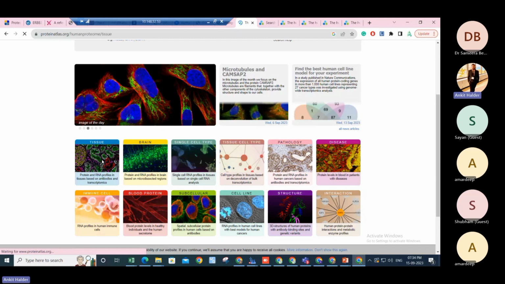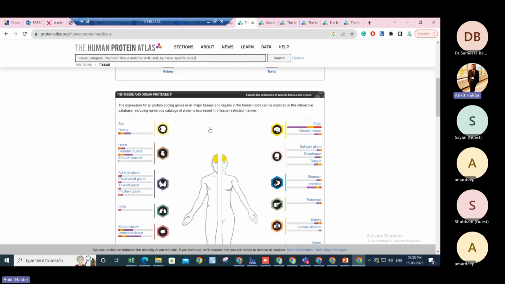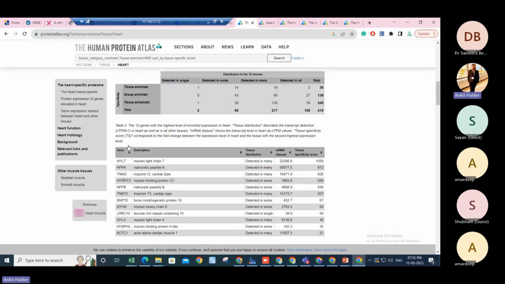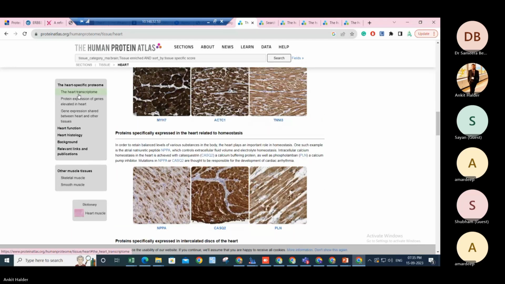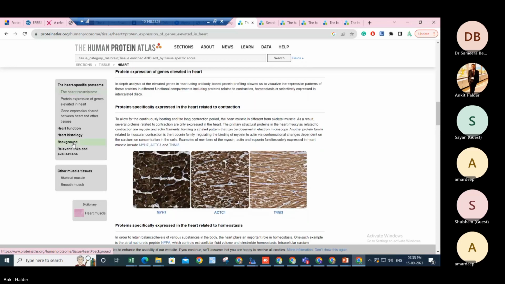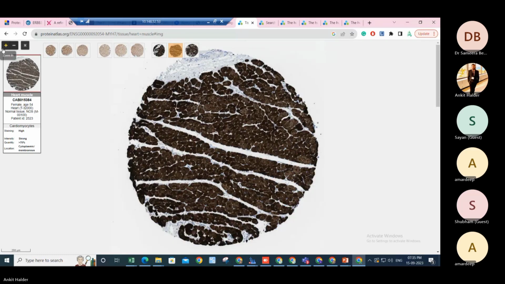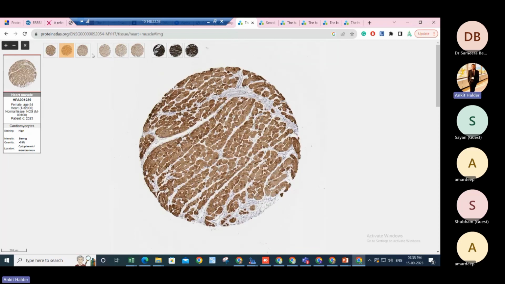If we go for the tissues only, once again, if we go for the heart, you can visualize it in a much bigger way as well.